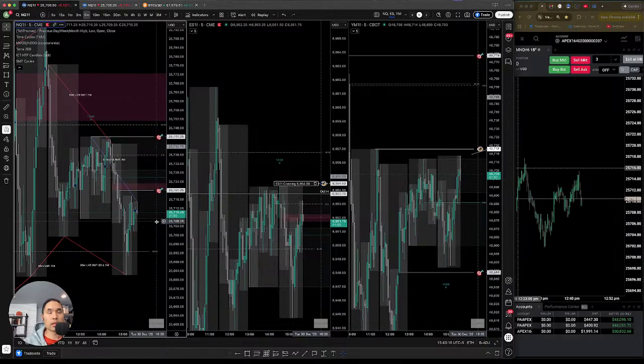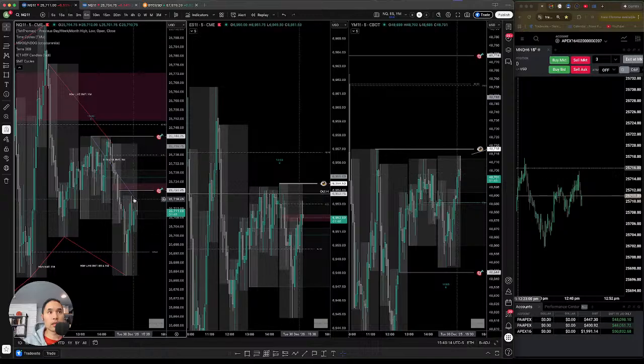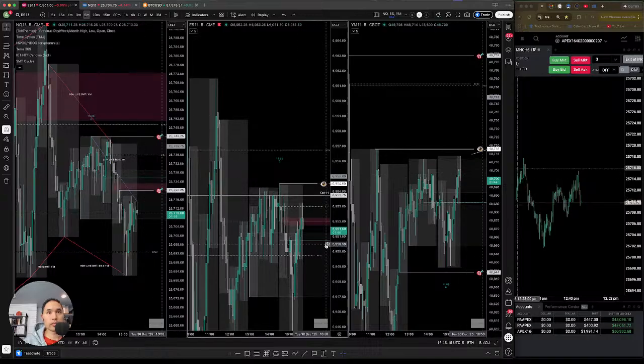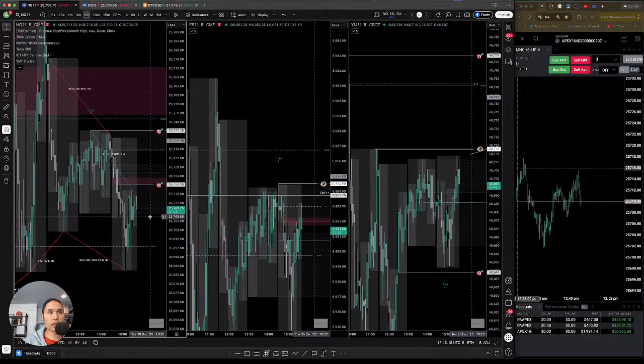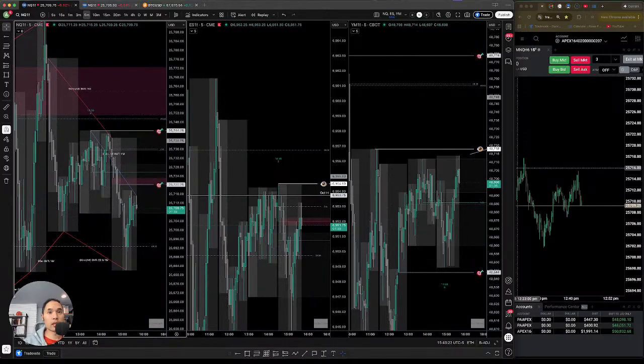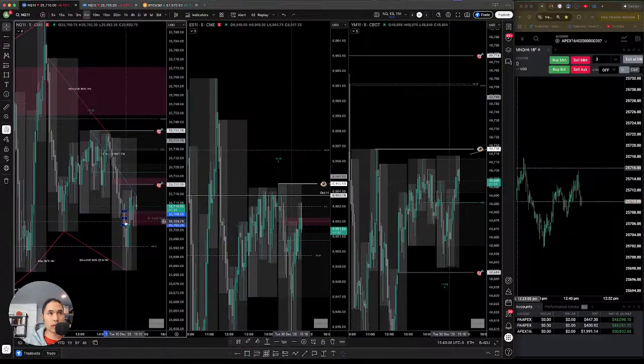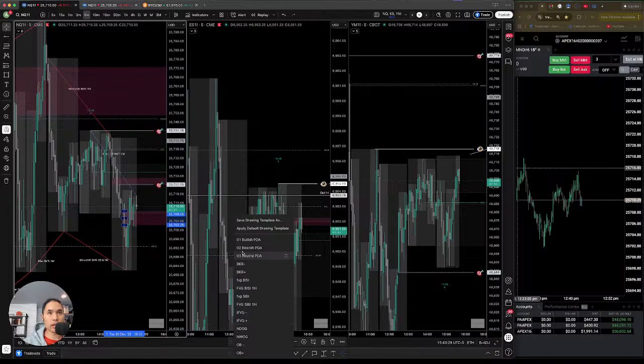Very low probability conditions. I still think we're going to draw higher though. I think that's support right there.